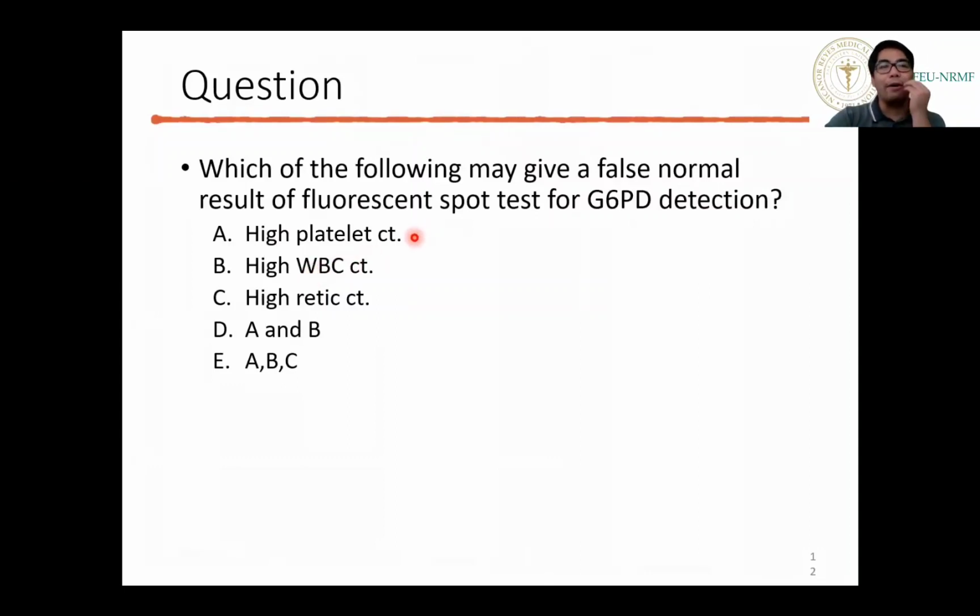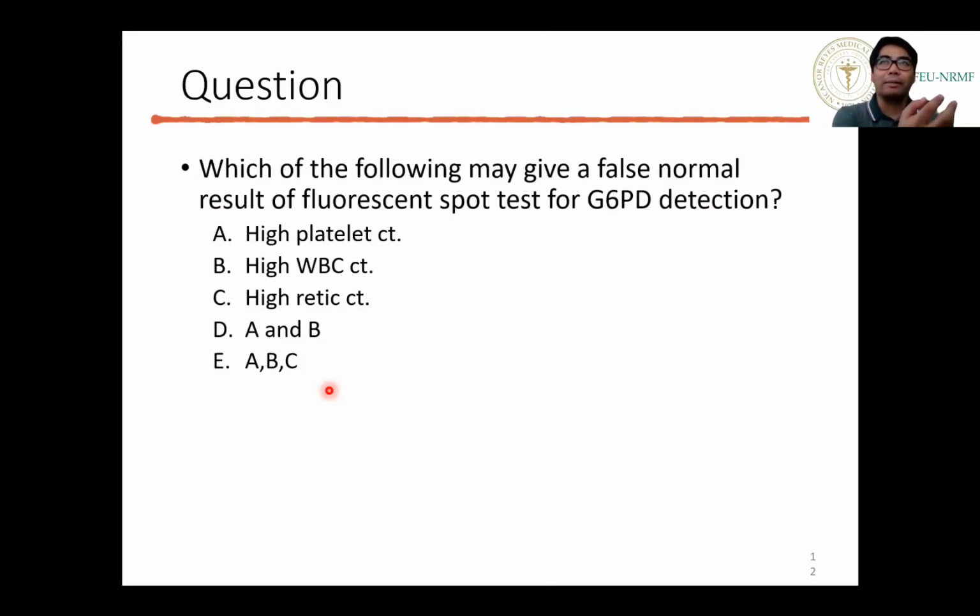If the blood specimen has a very high platelet count, high WBC count, or high hematocrit, it will give us a false positive or false normal result for G6PD detection. If the hematocrit of the patient is more than 52%, there is a quenching effect in the fluorescence spot test. If there are excessively high red blood cells, meaning very high levels of hemoglobin, the hemoglobin has a quenching effect in the test.